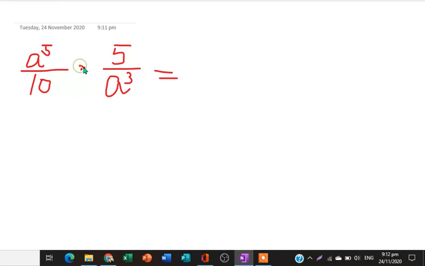Now, in multiplying fractions, we use the law of exponents: when we divide, we subtract the exponents. So we have a to the 5th divided by a cube is equal to a squared.